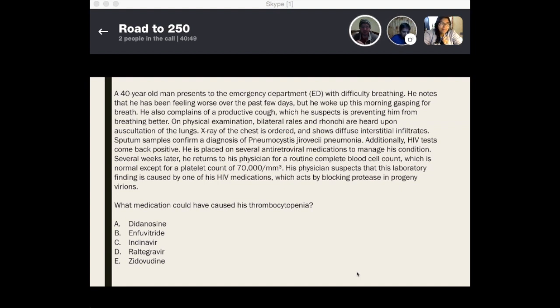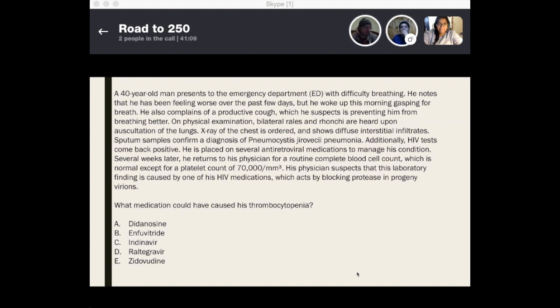Protease inhibitor. Because didanosine is an NRTI, correct? Yes. Enfuvirtide is a fusion inhibitor. Raltegravir is an integrase inhibitor.